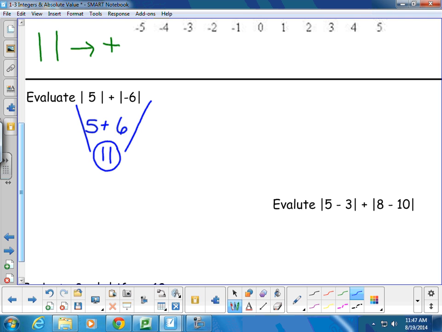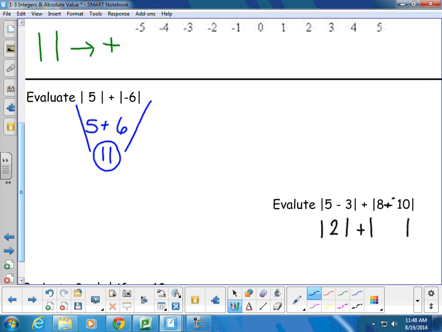Next one's a little bit different, has a couple things going on. You kind of consider those absolute values as groupings. Do what's inside, like parentheses, do what's inside of them before you solve. So I do, well, 5 minus 3 is 2 plus 8 minus 10, add the opposite.